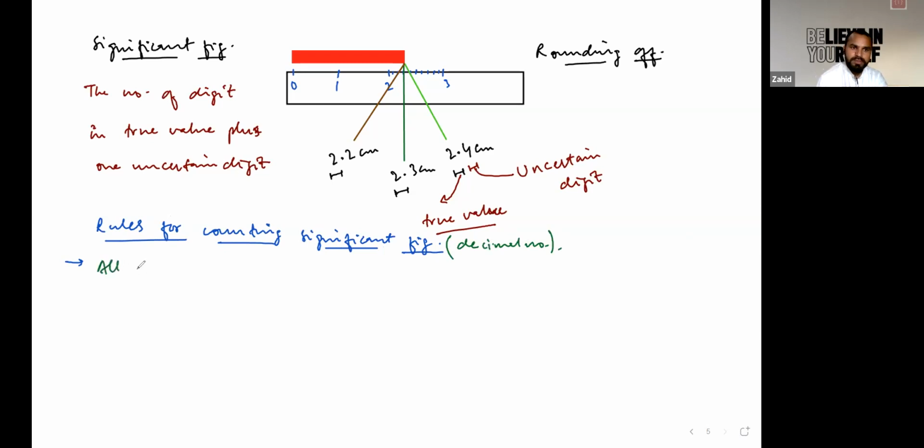So first is all non-zero digits are significant in any decimal number.